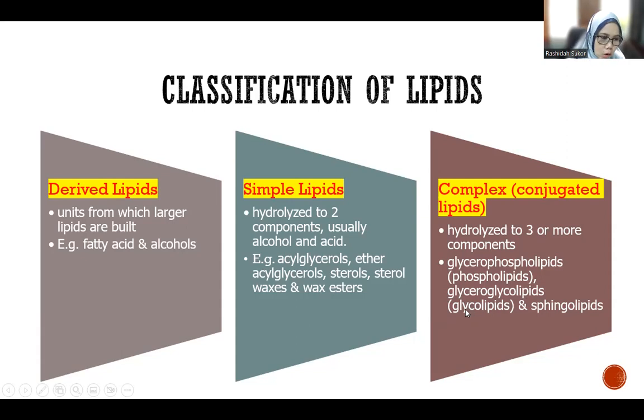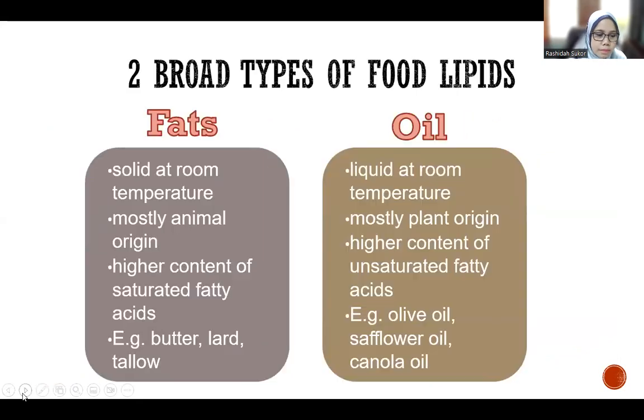Glyco means a component of sugar, so it is combined with lipid. And we also have sphingolipids. This is a combination of not just lipid with other functional groups. So when they combine, it becomes a more complex structure, so we call it complex or conjugated lipids.